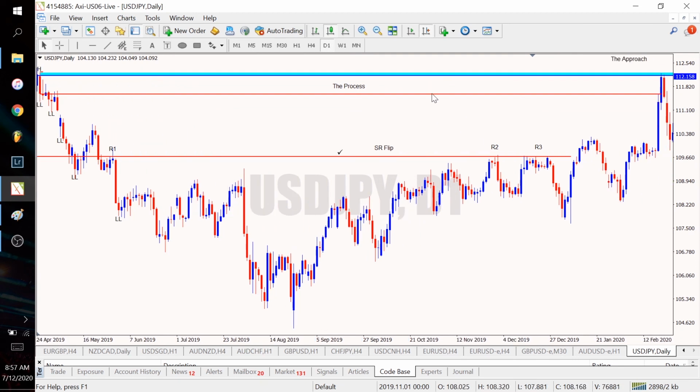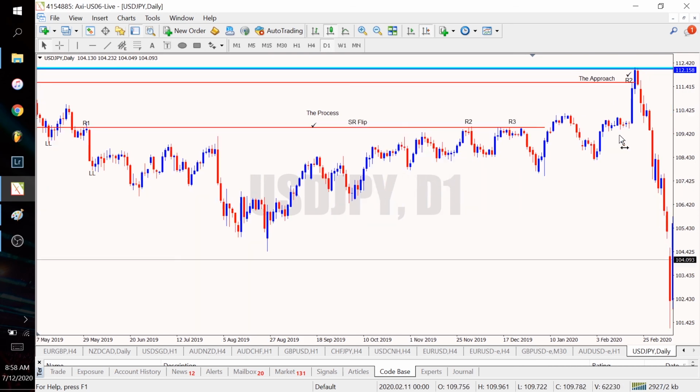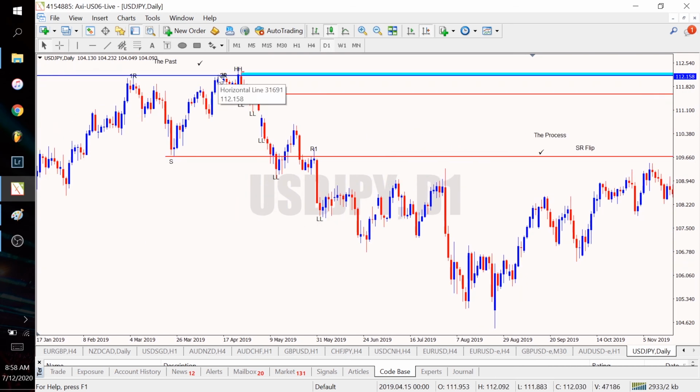Beautiful. Let's put the process over here. And our approach, we have R1, we have R2. So the approach, done. So in this scenario, you will enter exactly at the zone.